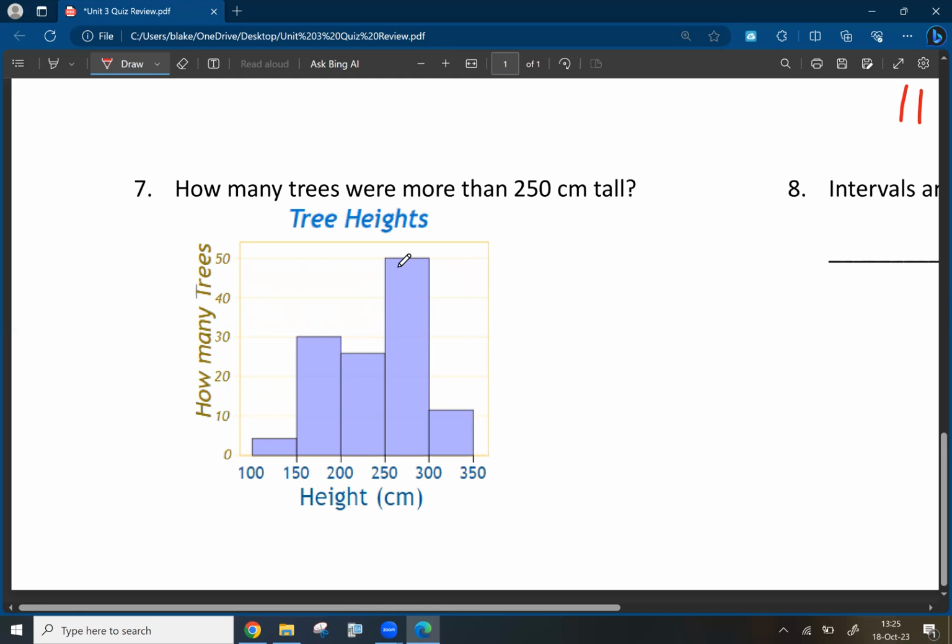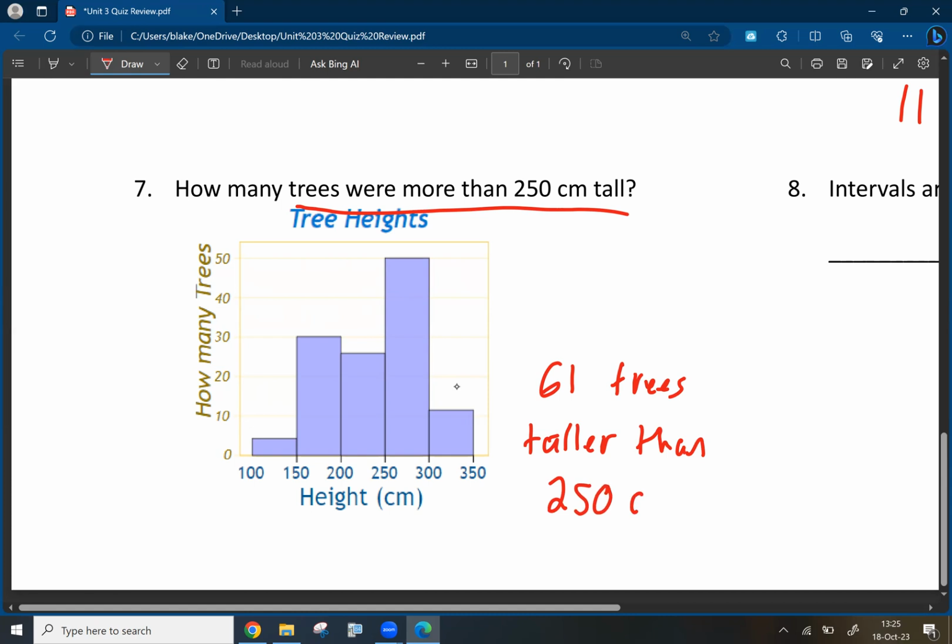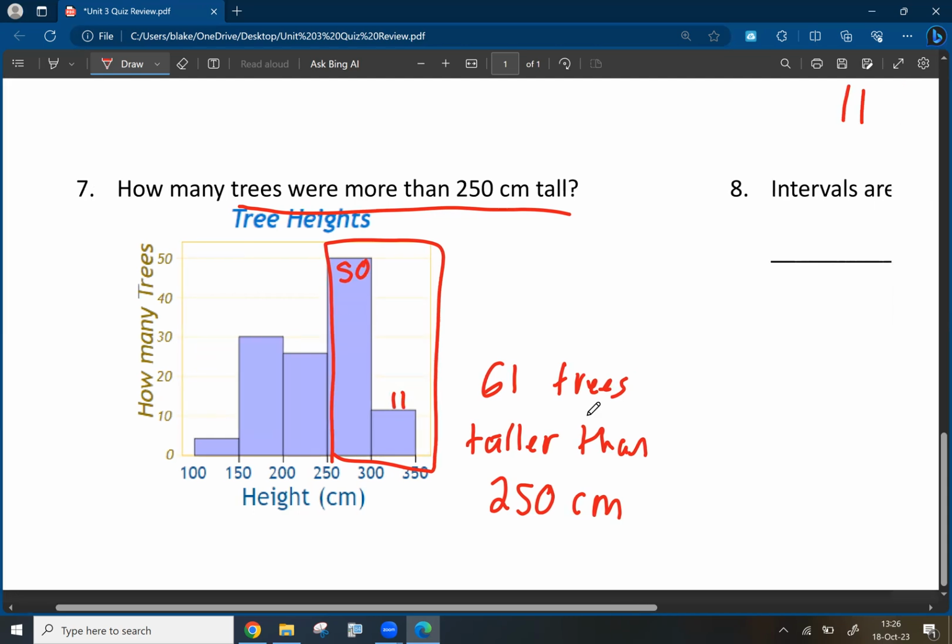So if there's 50 here and 11 here, then there are 61 trees taller than 250 centimeters. There you go. We're looking at these 2 bars and just combining them together. So 50 here and 11 here, a total of 61.